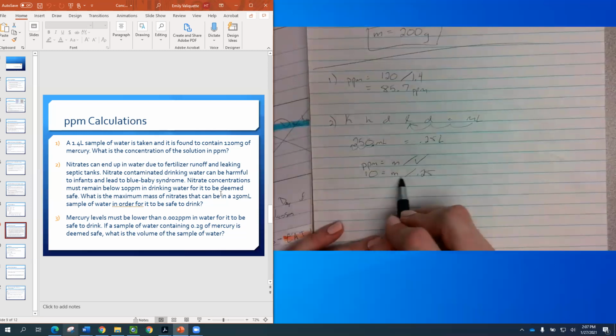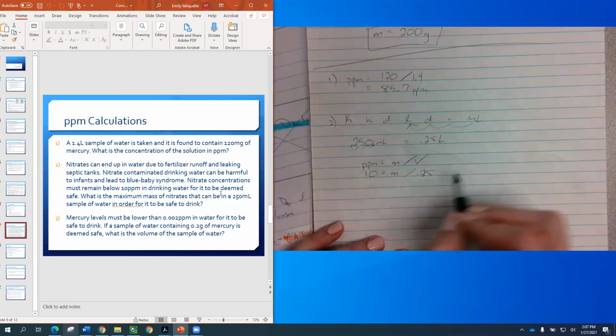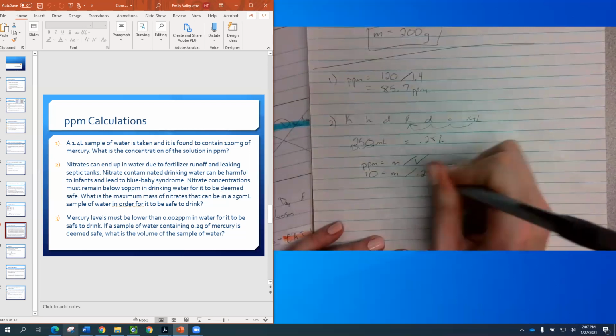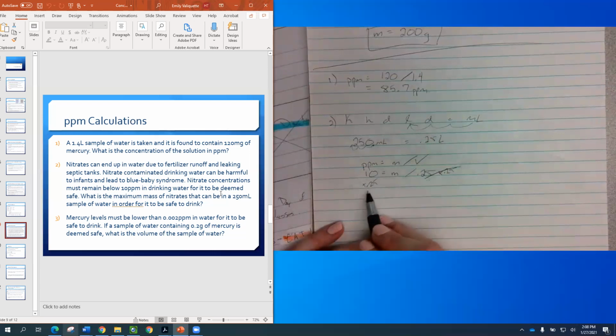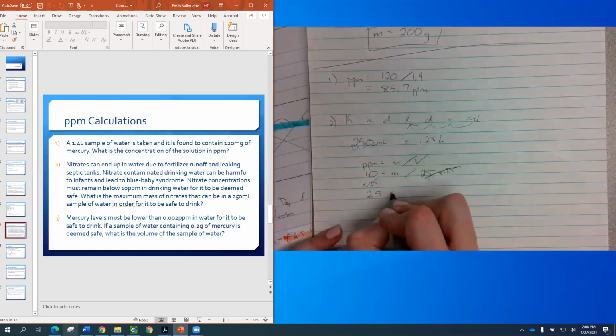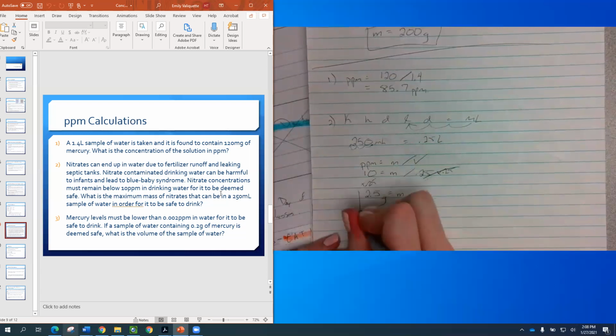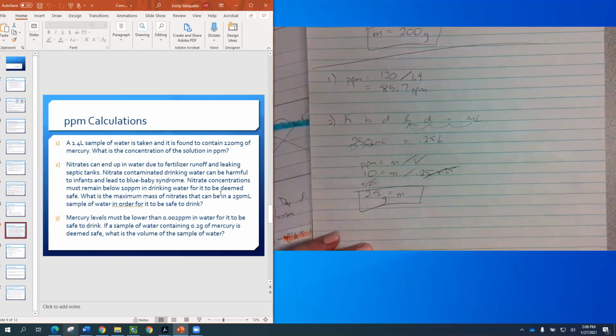When I'm dividing, the second thing or the bottom of my fraction has to move, so I multiply by 0.25. What I do to one side, I must also do to the other. And 10 multiplied by 0.25 is 2.5. So 2.5 grams is our mass. That is the maximum amount of nitrates.